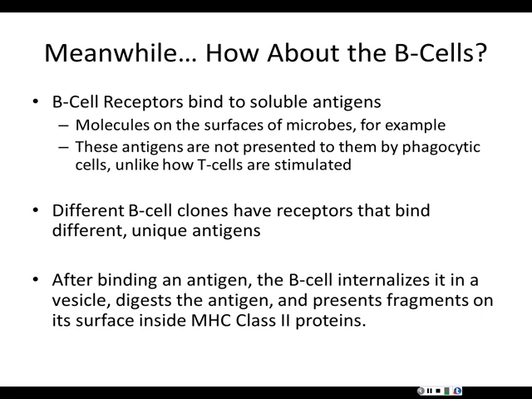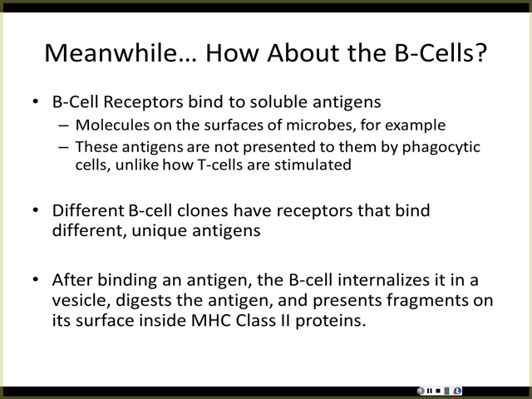Okay, so that's our T cell story. How about our B cells? As we saw last week, B cells do have receptors on their surface, just like the T cells do. And their receptors are very, very specific for particular antigens, molecules that they're going to be able to attach to and react to. However, B cells are different.